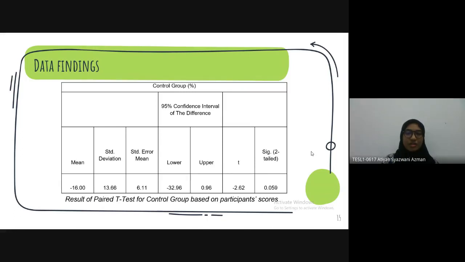So we can see here that the control group scored 0.059, which shows there is no improvement here. 0.059 is high; to see the effectiveness of this song, we need a score less than 0.05. So for the control group, the score is 0.059. This proves that there is no improvement made here.